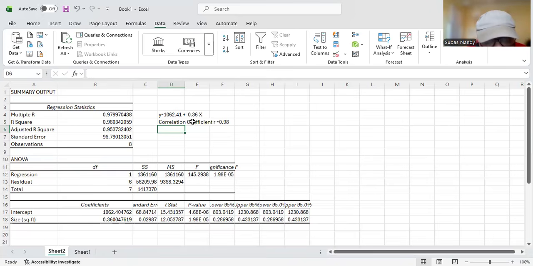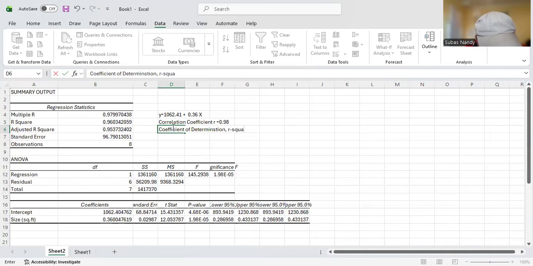Correlation coefficient is R. Okay. And coefficient of determination is the R square value, and you multiply it by 100. Coefficient of determination is R squared. And that value is given over here. Adjusted R square is 0.96.